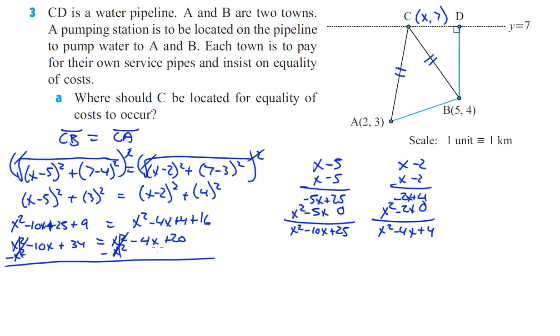Okay, so we got negative 4x and negative 10x. I'm going to move my x's to the right so that they're positive. Right, so since I've moved my x's over here, I'm going to move my constants to the left, so subtract 20 from both sides. And we end up with 14 equals 6x. Divide by 6, and we get the x is, let's see, 14 divided by 6 is going to give us what, 2 1/3.